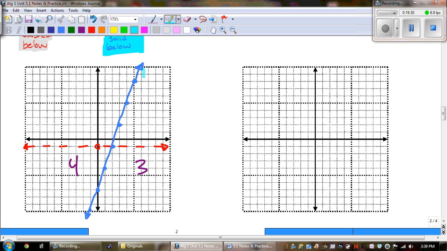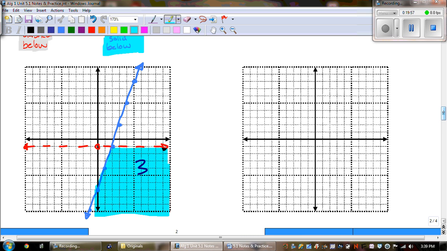So anything below is what I can shade. Well, which one did I shade? Did I shade 3 or 4? 3, which means 3 is going to be the section that we have to shade in. There we go. And that is our answer.